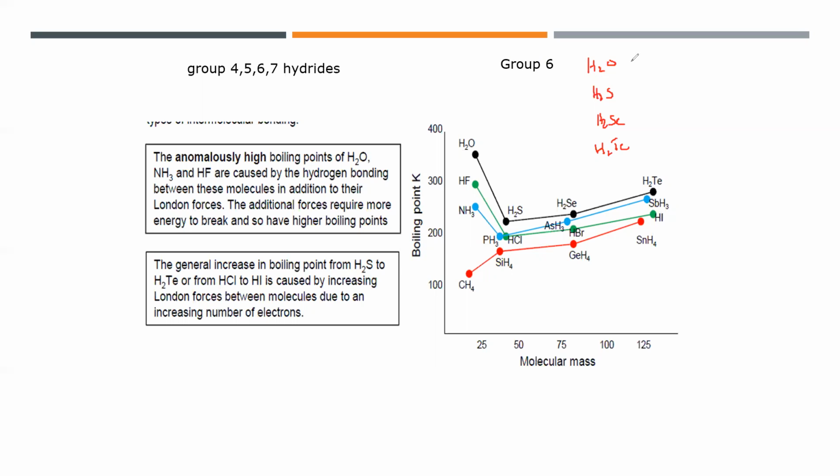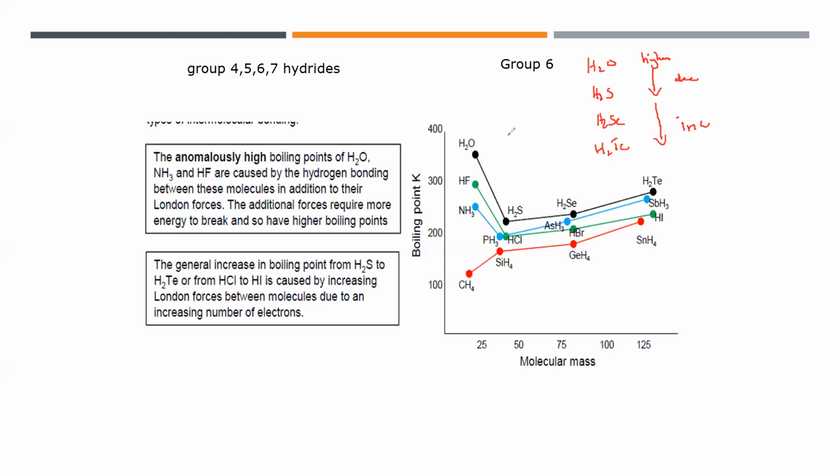So what we observe is the trend in the boiling point. First, water is having the higher boiling point, then moving from water to the hydride of sulfur, the boiling point decreases, and then moving from sulfur to selenium, the boiling point is increasing. What is the reason why it happened?